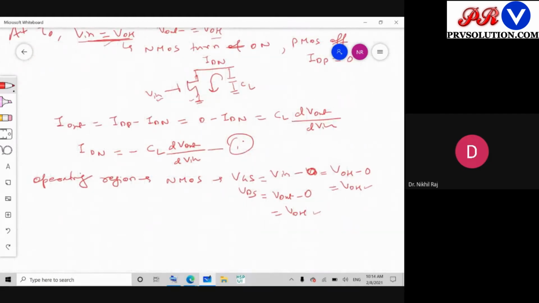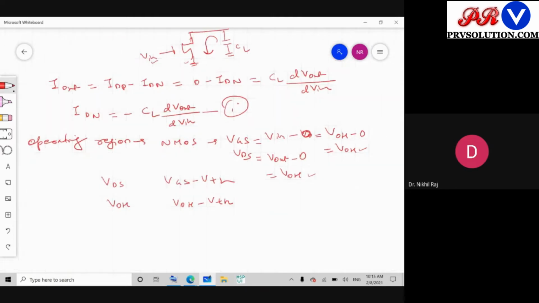That is VOH. So if I write the equation of VDS and VGS minus VTH, from here, what is VDS? VDS is VOH, and VGS minus VTH is VOH minus VTH. So from here, which relation will come?